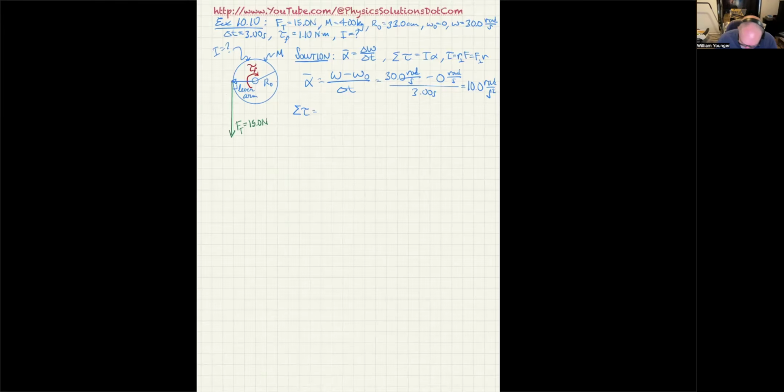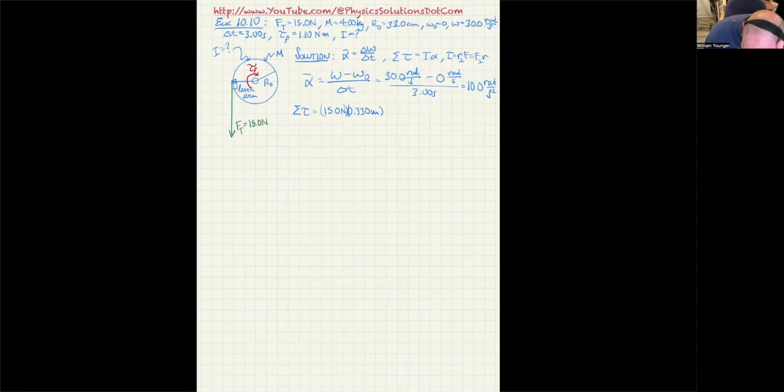In this case, we actually have the lever arm, which I've taken the time to draw for that force F, and you see that it's perpendicular. As you can see from this description right here, I've shown you that that's 90 degrees. So all we have to do really is multiply the radius times the force. And in this case, the radius times the force is going to be 15.0 newtons times 0.330 meters.